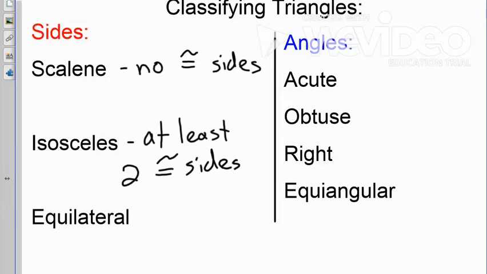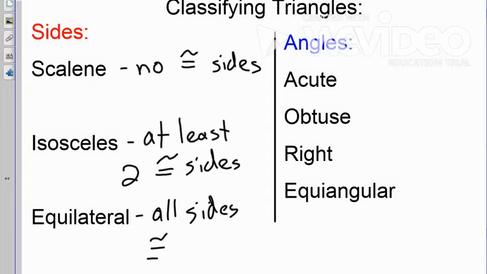Okay, so at least two congruent sides. And then an equilateral triangle, obviously, as you could probably tell, I think we did talk about this early on when we were classifying polygons, but an equilateral triangle is all sides congruent. Okay? So those are the three classifications that we can deal with in terms of side lengths.